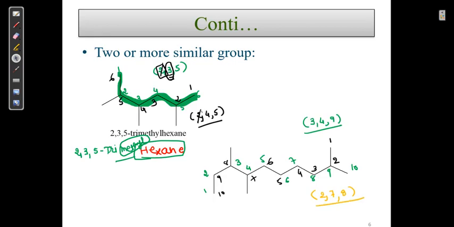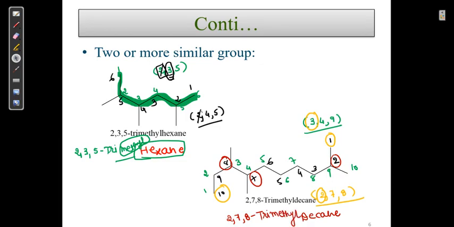Now again we have to check the first branch is at the 2 position. So we have to enter from this side, 1 to 10. So what we are getting for the 10 is decane. And at the 2 position, 7th position and 8th position, 2, 7 and 8, that is known as trimethyl. If you see, this is our IUPAC name.